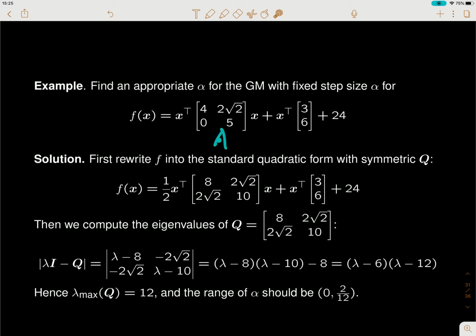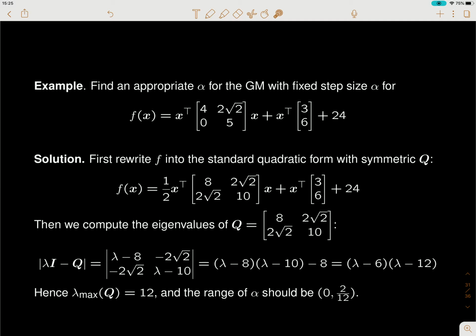This is like the matrix A, this is like the vector b, and this constant doesn't really matter because you just shift your function value by it, but it doesn't affect the choice of your minimizer. If your x can minimize this, then it can also minimize this plus 24. The function value will change, but the minimizer will not change.